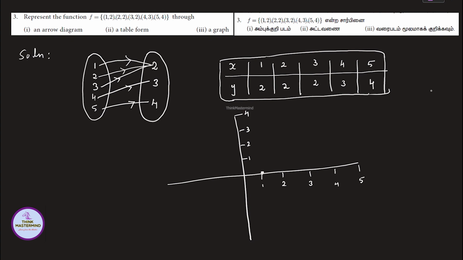Now 1 comma 2 is this point, next 2 comma 2, next 3 comma 2, 4 comma 3 and 5 comma 4. This is the graphical representation.